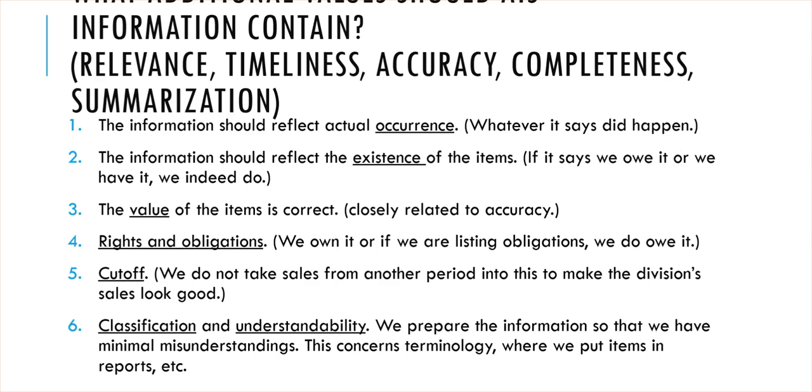Do we owe it? Do we not owe it? Cutoff becomes important in financial reporting as to which period of time a particular sale happened. And then classification and understandability is something that is important from several different perspectives.